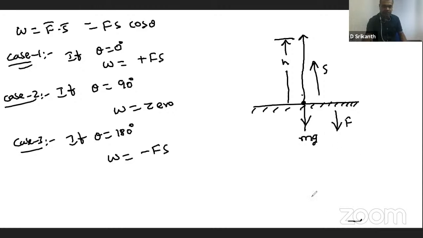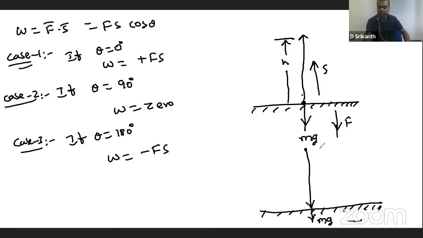Similarly, in a vertically projected body, whenever an object is dropped from a height, at any point the force acting will be mg, due to gravity, and the displacement is also downwards.